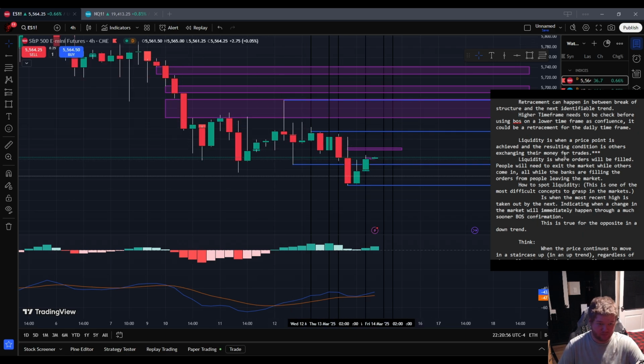So, when the most recent high, or in this case, the most recent low, is taken out by the next, followed by a break of structure. We can use this one actually. This is our break of structure here. This is a higher low.